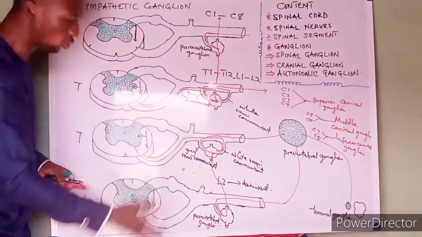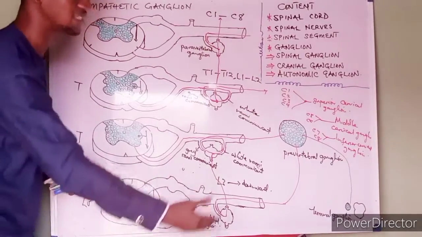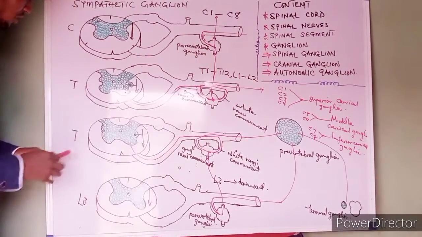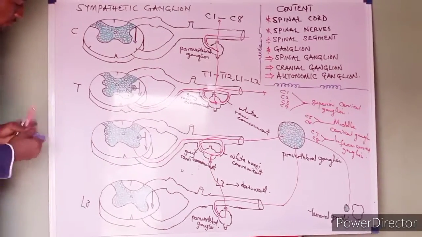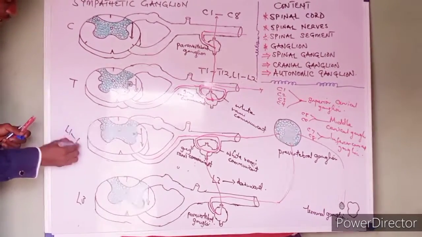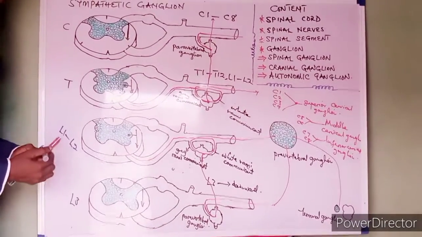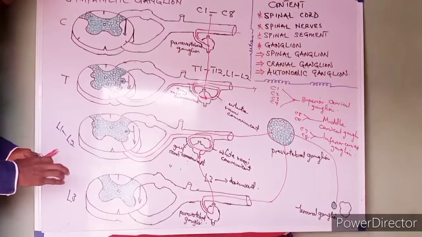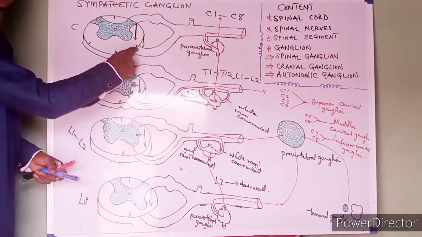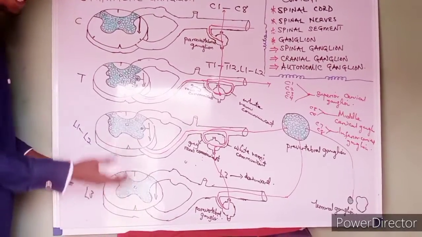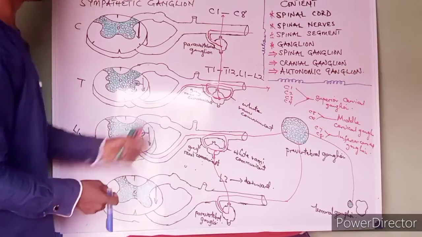In the L3 below, you don't have the sympathetic outflow. Not even in the sacral region. So, assuming this can be used to represent L1 and L2, you can also have this outflow. But below this, you cannot have the outflow. That's why I call it the thoracolumbar segment. So the outflow does not come out in the cervical, and it does not come out in the sacral.